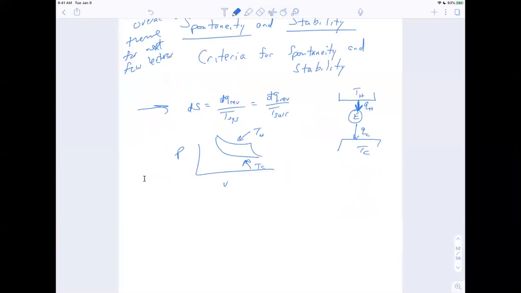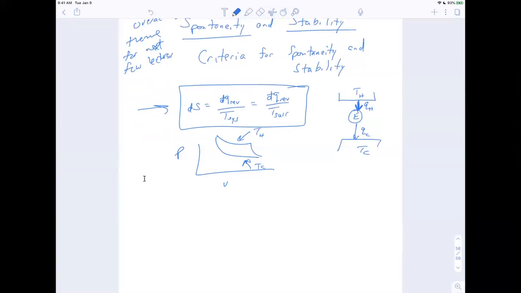This cycle represents the system, the ideal gas in the engine, so the system is at T hot and at T cold during those isothermal steps, and those are also the temperatures of the reservoirs. That's why I was able to write dS as these two things, using T system in the denominator in one case and T surroundings in the other.